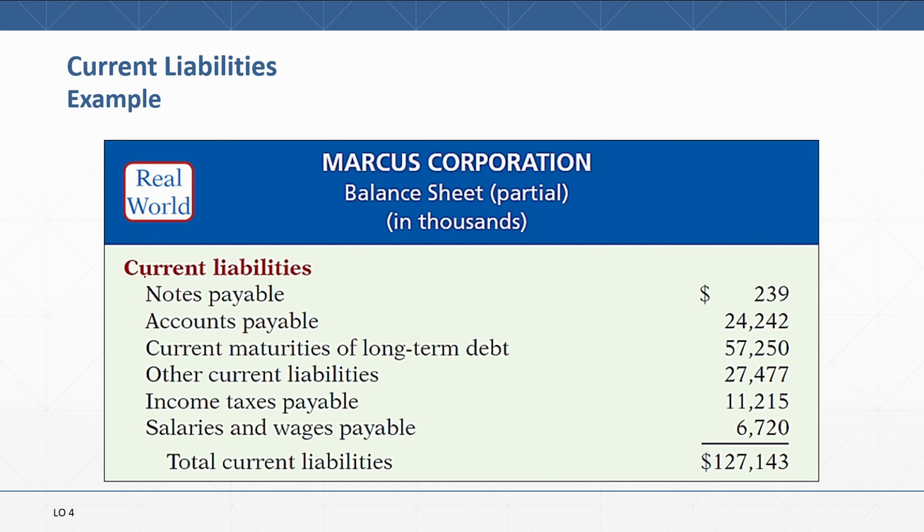Under the current liabilities section, we always start this section with notes payable first, accounts payable follows notes payable, and then the rest should be sorted based on the magnitude of the amounts. Bigger amounts come first.